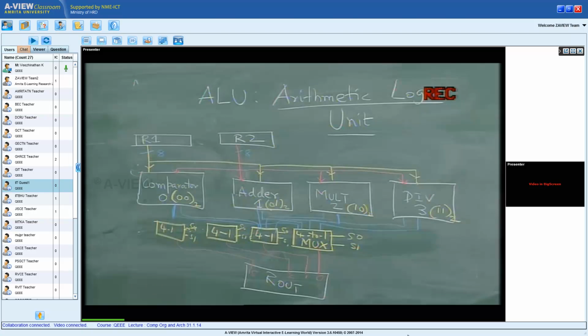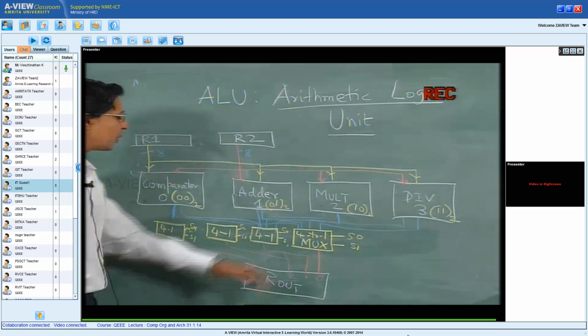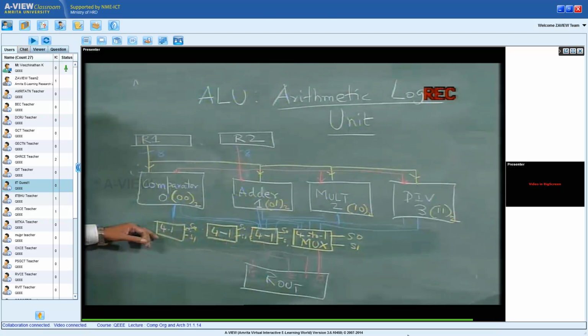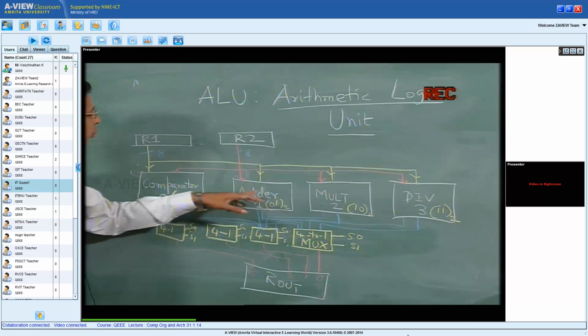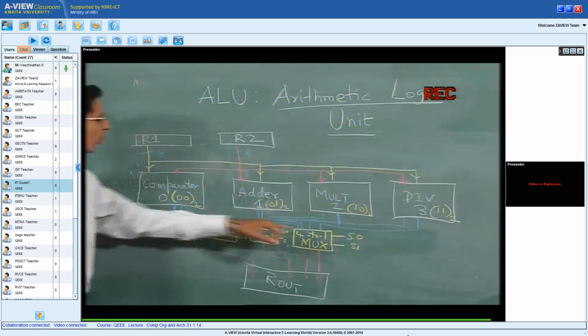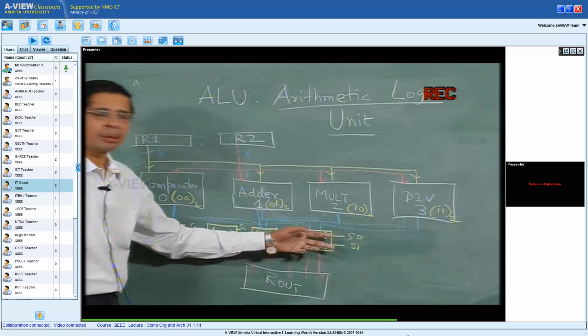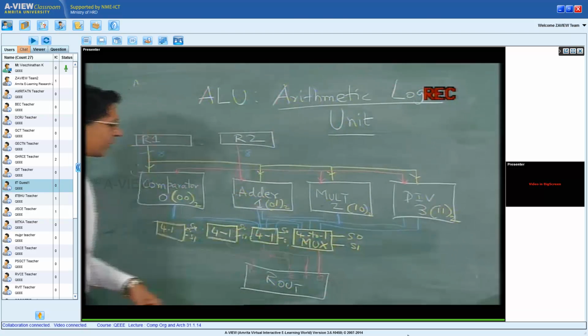Right. So, if the answer is maximum 16 bits, I am going to have 16 4-to-1 multiplexers, to which one output line of each of this unit will go to each one of these multiplexers, and I use the select bits, namely S0 and S1.